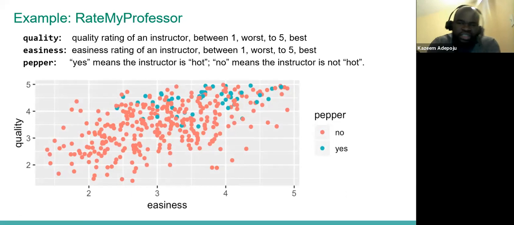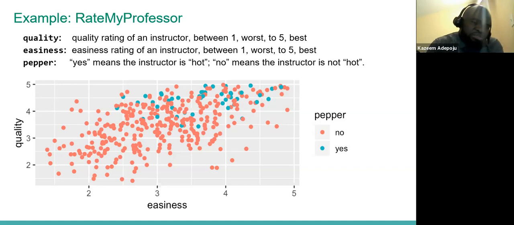Now, the difference between what we're doing now and what we did before is that before we only focused on two variables where we fitted simple linear regression, and the two variables we considered were quality and clarity. But today we are going to be changing.